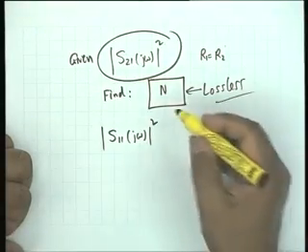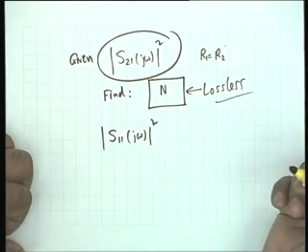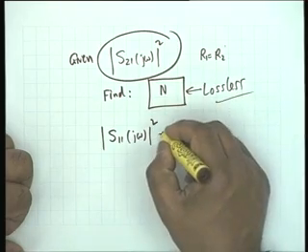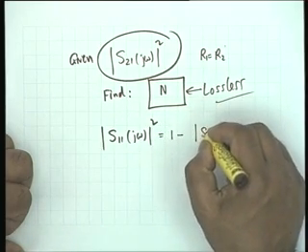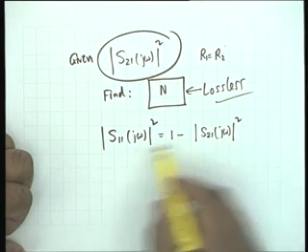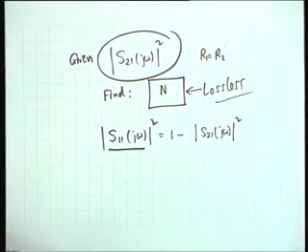Okay. So we recall that for a lossless network, |S11|² plus |S21|² is equal to 1. Therefore, this is equal to 1 minus |S21(j omega)|². So if this is given, then you can find out the input reflection coefficient magnitude squared. Alright?